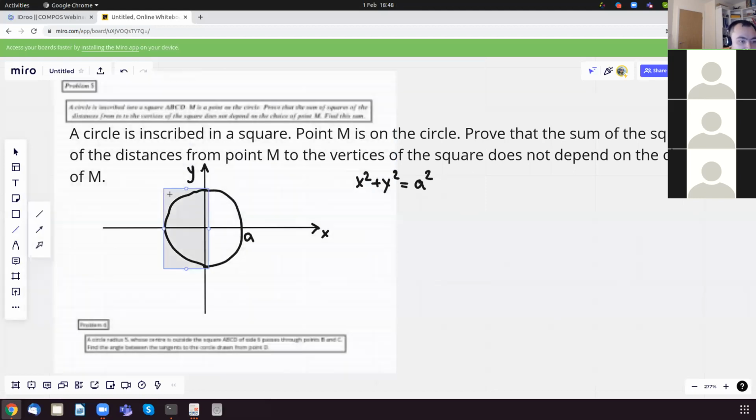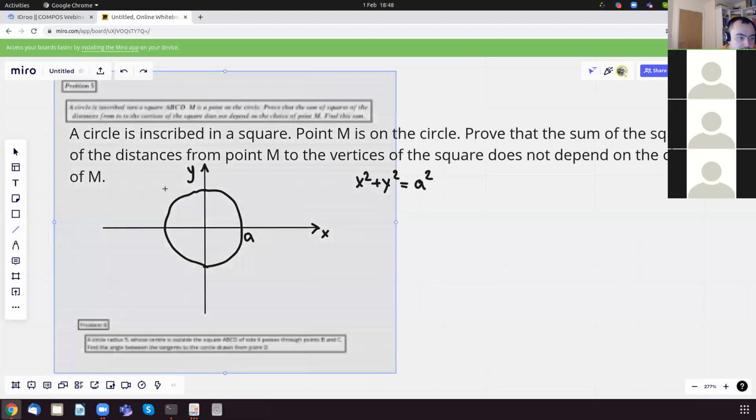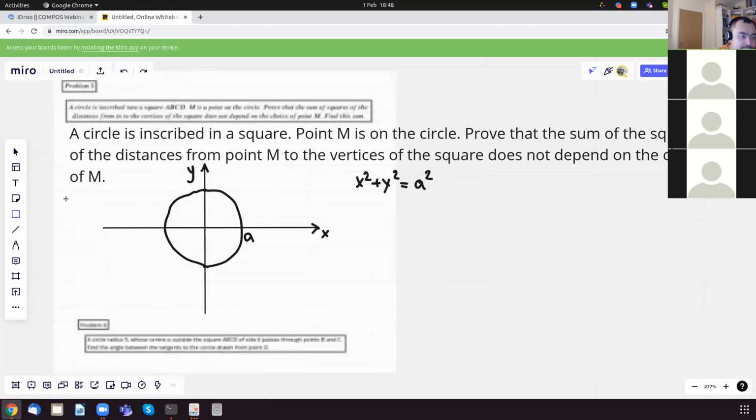And we know that the circle is inscribed in a square. And so this point has coordinates (a, a). This point has coordinates (-a, a).